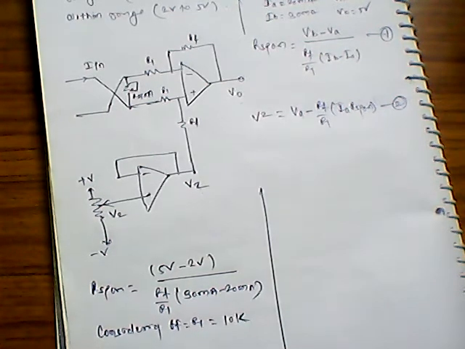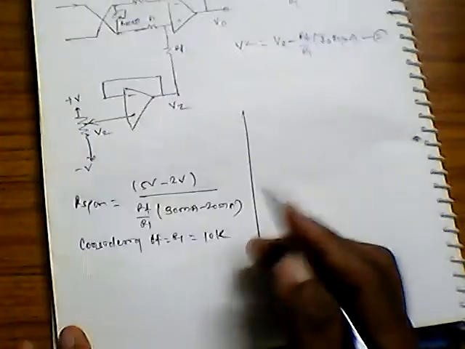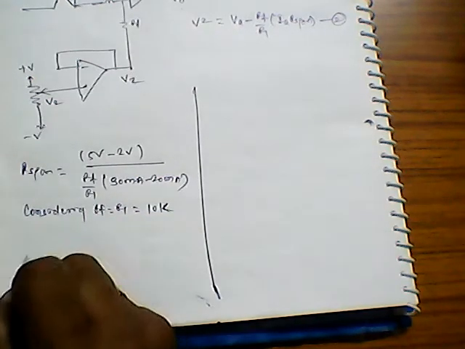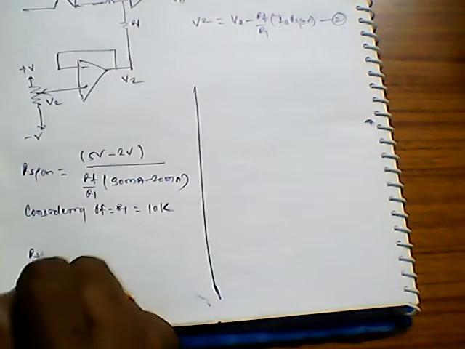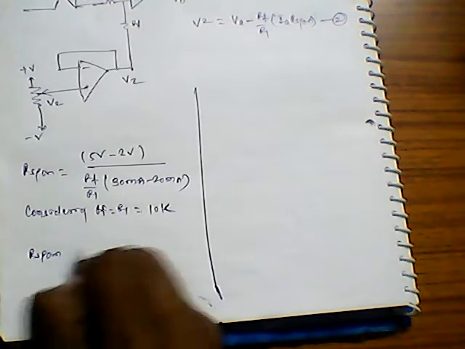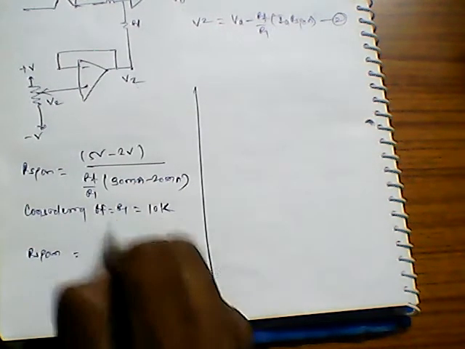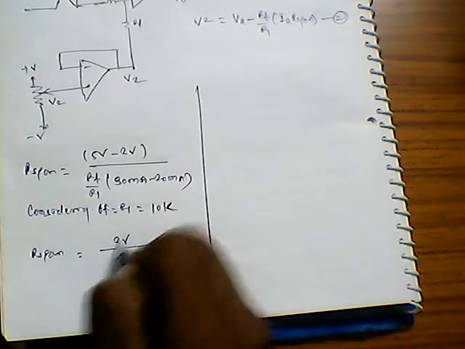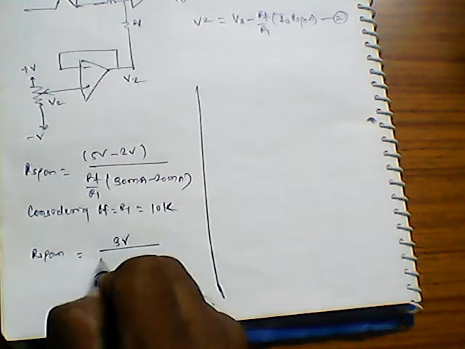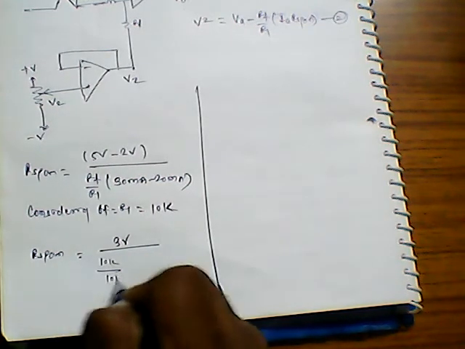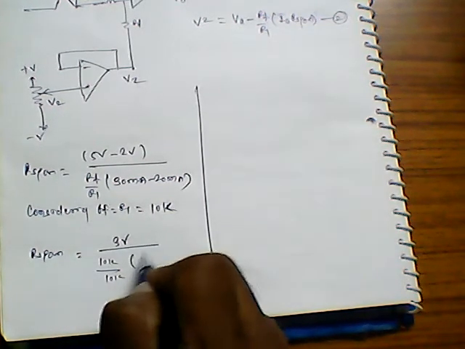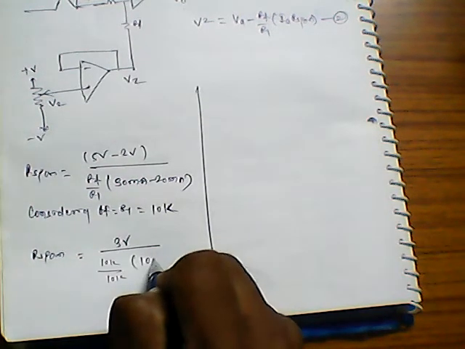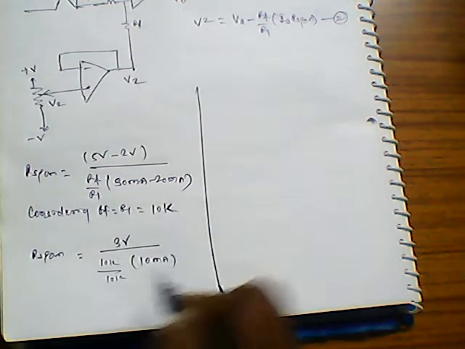Then this R span becomes 5 minus 2, that is 3 volt, divided by 1, that is 10k divided by 10k, into bracket 30 milliamps minus 20, that is going to be 10 milliamps.